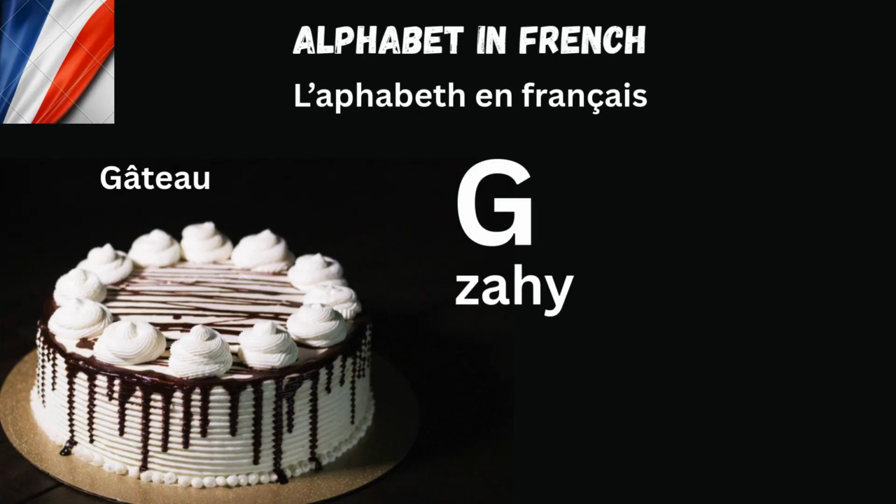Again. So letter G is pronounced as zhe in French language. Let's try pronouncing it again. Again.